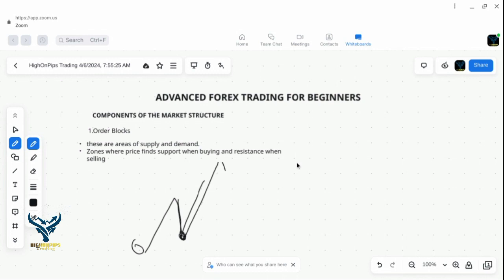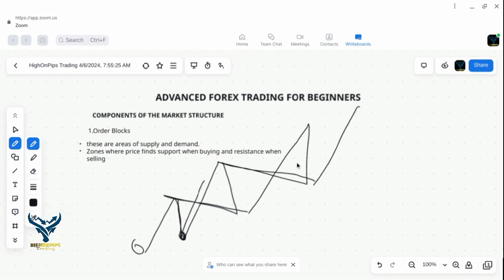It will also come back again, find support around this area, go up, come back, find support here, go up again. So we need to find the reason why it always finds support around these areas. What is it that is there that it always finds support, such that if you want to buy, you will be able to know that this is my area of buying?